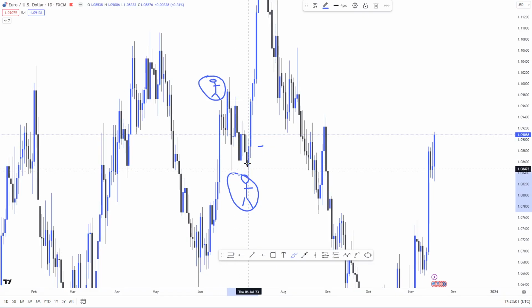Now, let's say this person stayed in the market. This person's now entered the market and bought price. You can see that the value in price is getting better to the point where this person can sell price when it gets to this level here, as an example, or above this line here, which we know is a high that signifies liquidity.